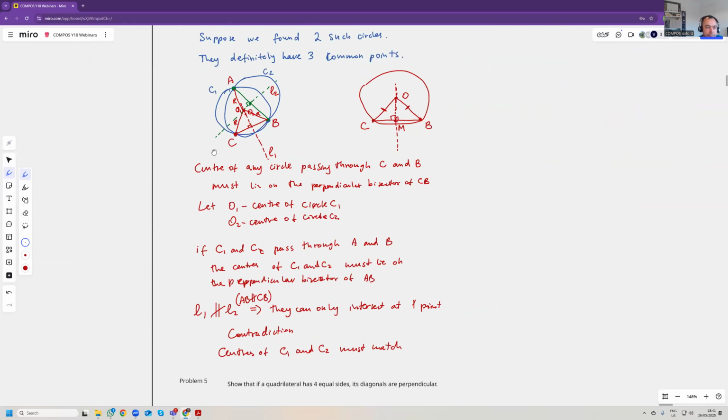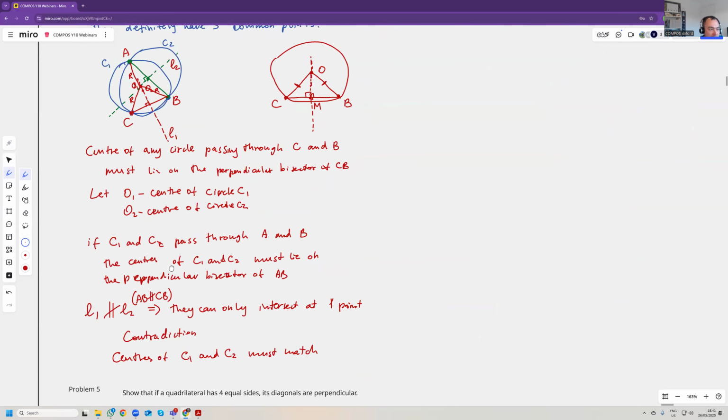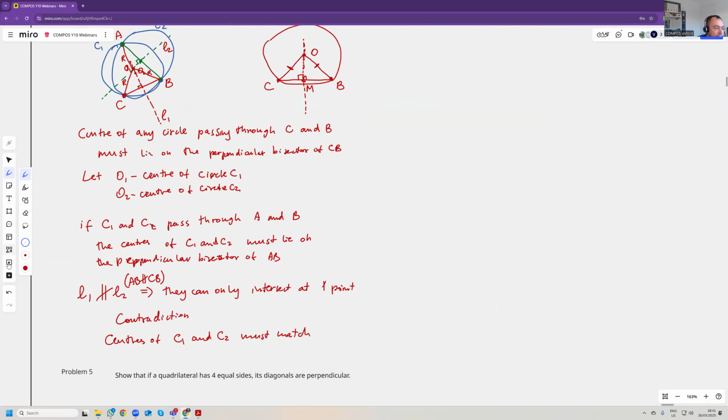So O1A is equal to the radius of the circle, and that's all you need.